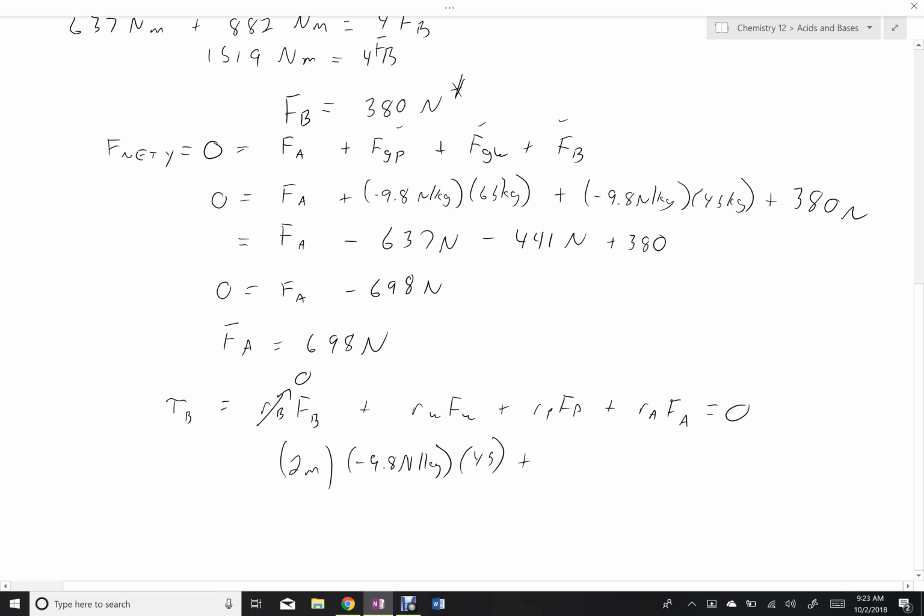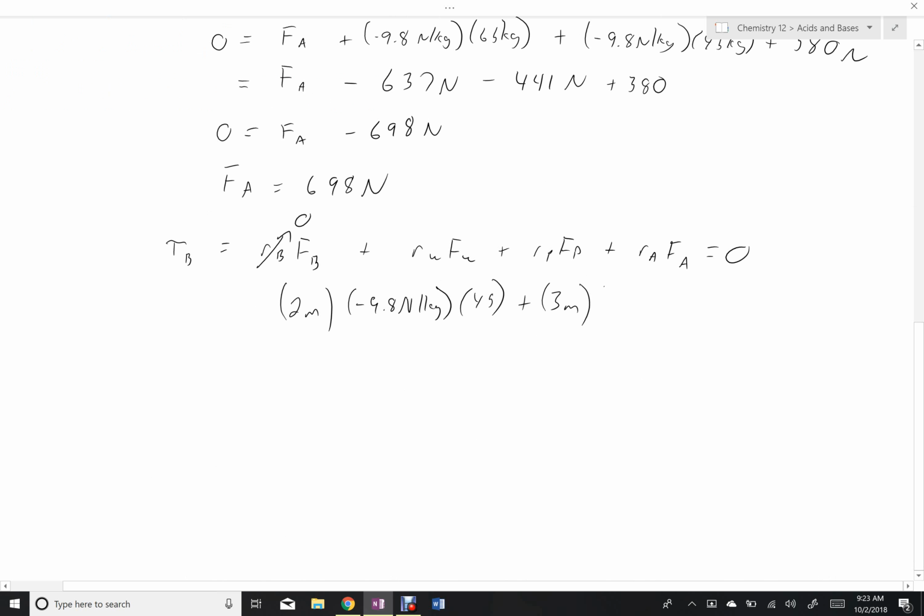Now careful here, since I'm going from this side, this person is now, if this is 1, this is 3 meters away from point B, times the force of the person, sorry, not the force, the mass, negative 9.8 newtons per kilogram times 65 kilograms. And RA is 4 meters away times the force of A. Okay, and that's all equal to 0.